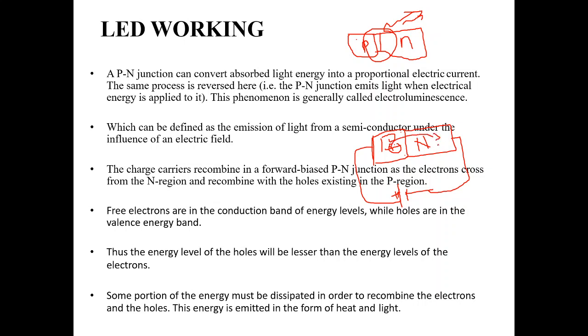The electrons have negative charge, and here we are applying negative charge, so there is a repulsion force between them, and the electrons move from n-type material to p-type material. While moving from one area to another, the electrons and holes collide with each other.